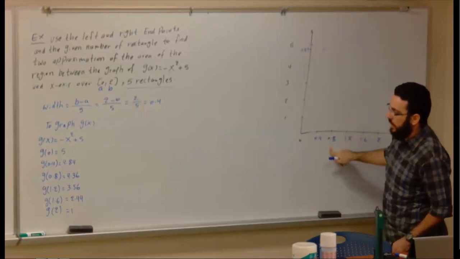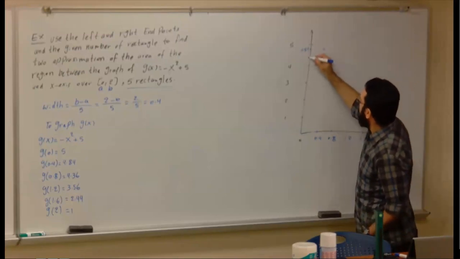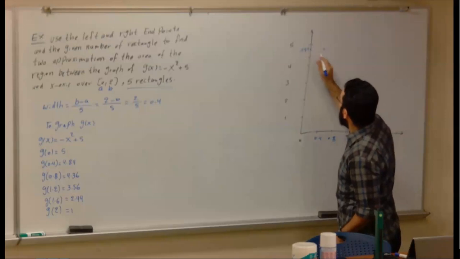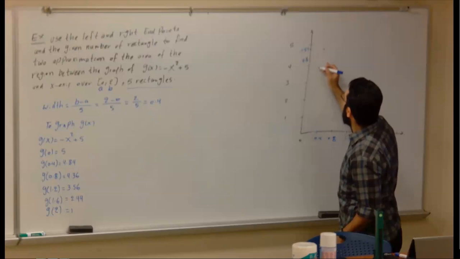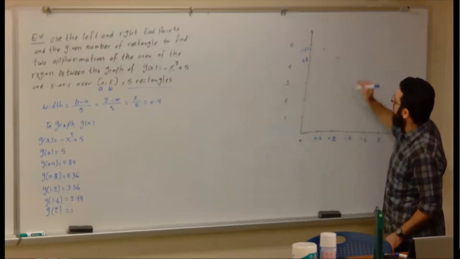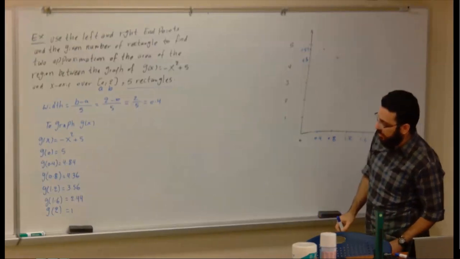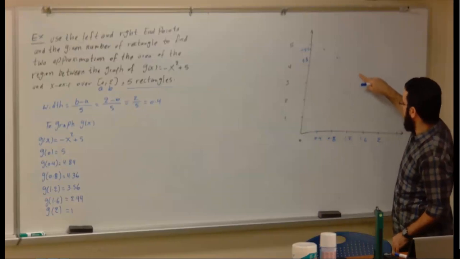And 0.8 is going to be 4.36. So let's say here, 4.36. So it's going to be here. For the next one, it's going to be 3.56. That means it's going to be here.